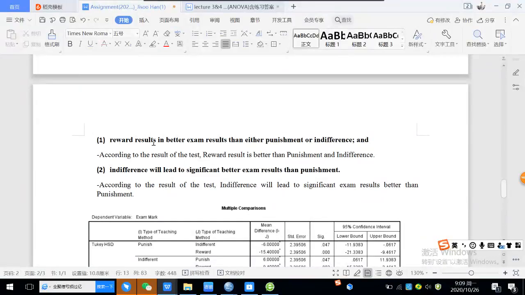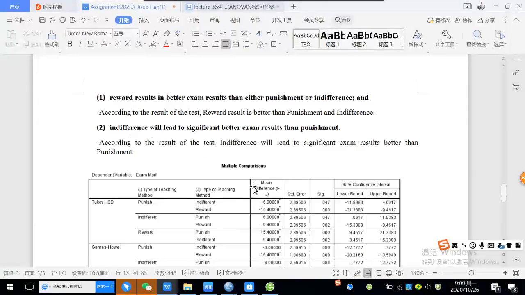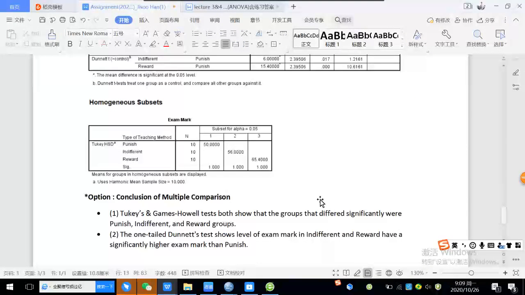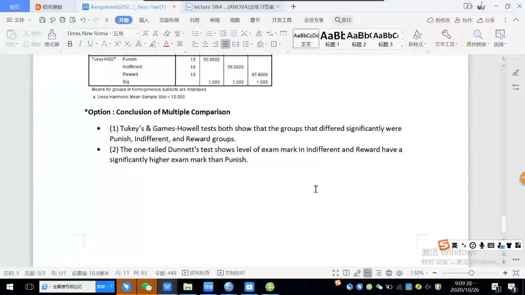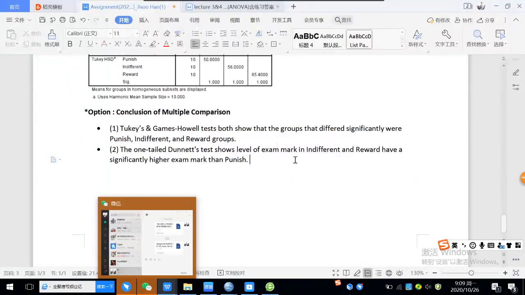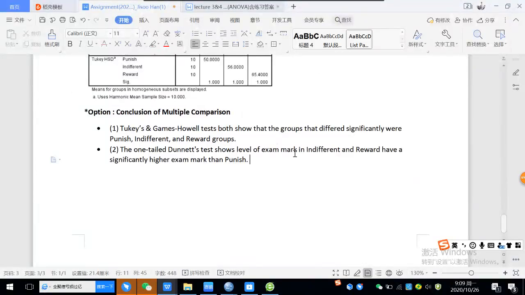Because from the multiple comparison, you can see that reward results in better exam results than either punishment or indifference. Yes, that's right. Okay, good. And second, you used the one-tailed test. That's quite good. Now we have completed the assignments for last week.